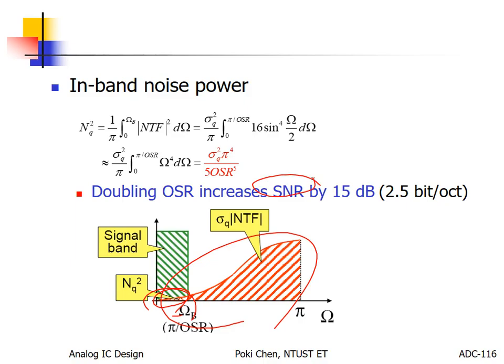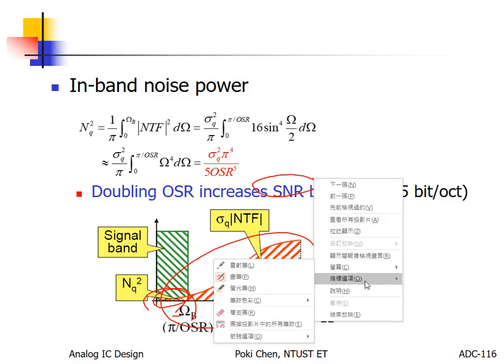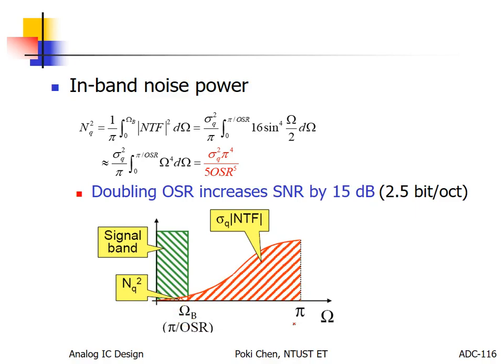So, equivalently, this is the OSR. OSR means what? Oversampling ratio. Because according to Nyquist rate, right? Your sampling frequency should be 2 times higher than your highest input frequency.